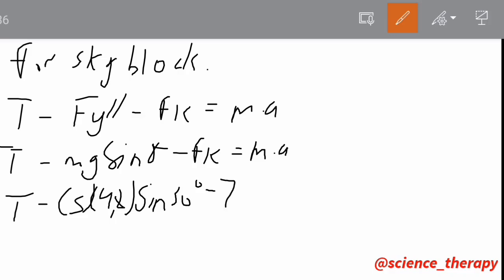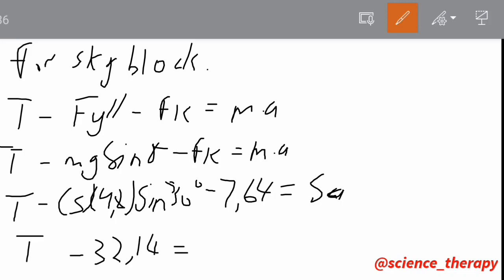That's 7.64 newtons. Then our mass is 5, and we don't have the acceleration, so that's 5a. Punching all this in a calculator, negative 5 times 9.8 sine 30 degrees minus 7.64 gives us negative 32.14 is equal to 5a.